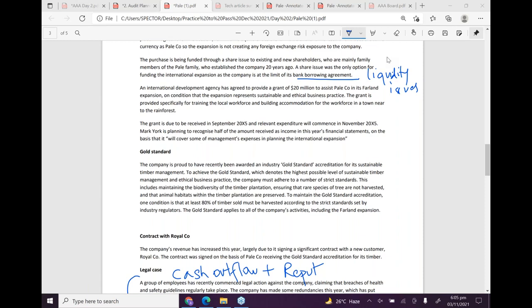Salva, I'm reading your answer. Salva, very well done. For the employees related issue, it's not only just the outflow, it's the reputational impact as well. So yeah, spot on.